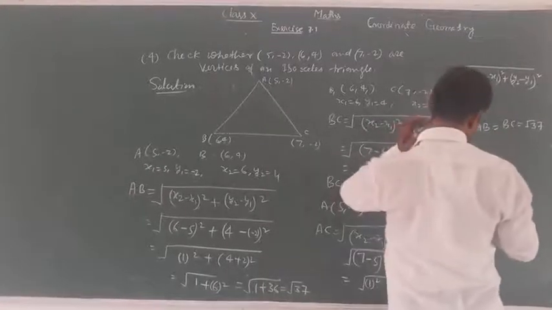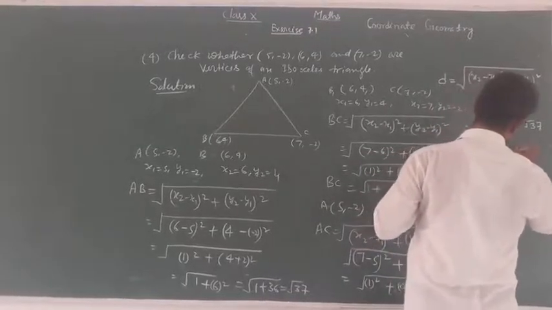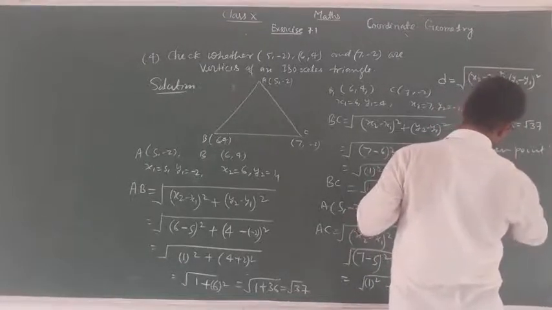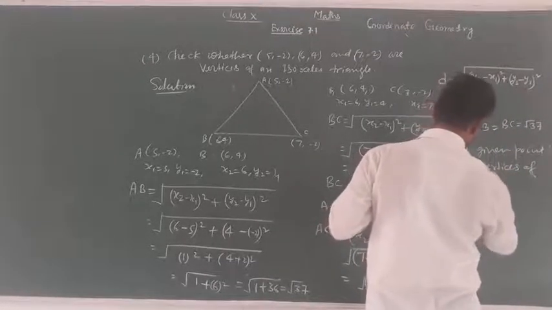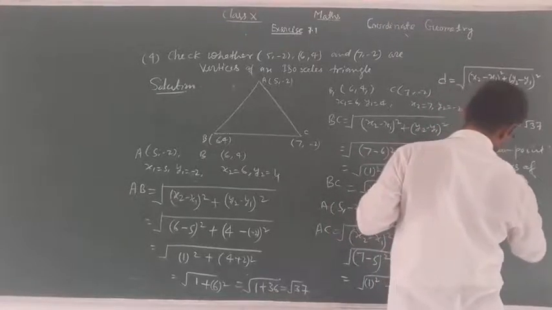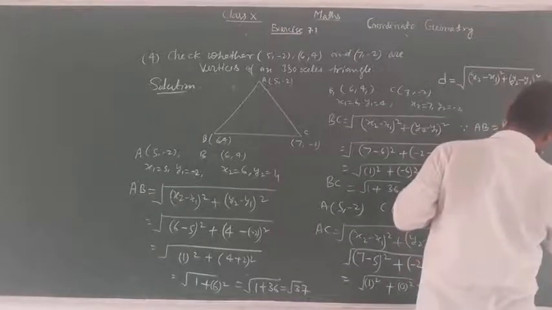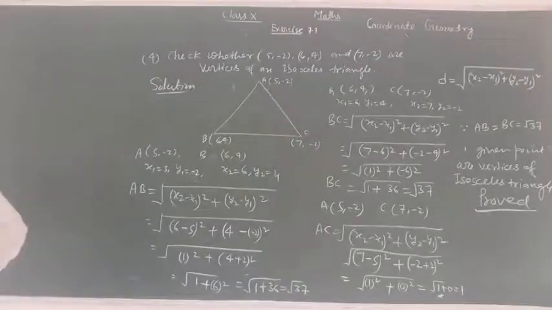Therefore the given points are vertices of an isosceles triangle. Proved. That's all.